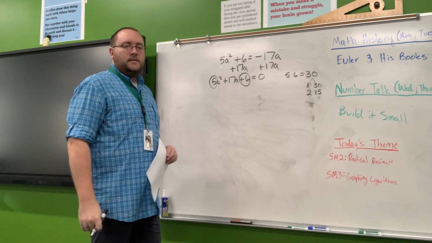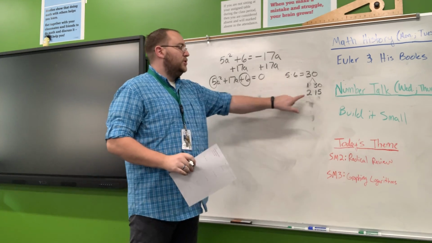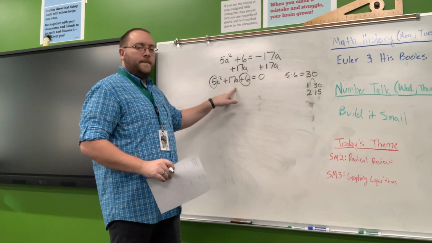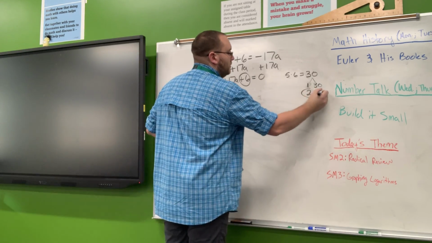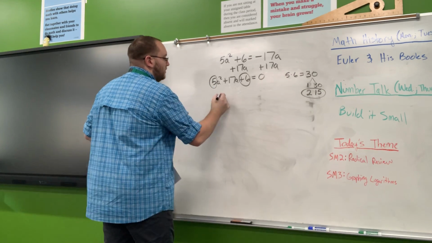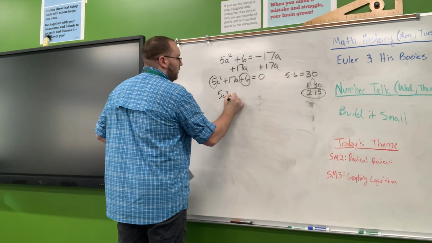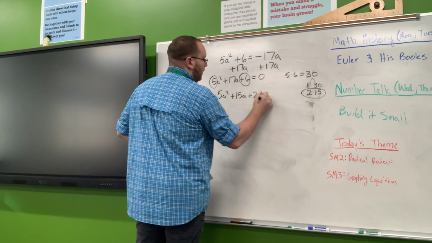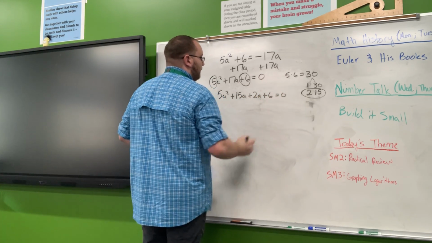Does that add to 17? Yes. 2 times 15 is 30. 2 plus 15 is 17. So here are our two factors. We're going to rewrite 17a as these two factors. So we have 5a squared plus 15a plus 2a plus 6 equals 0.